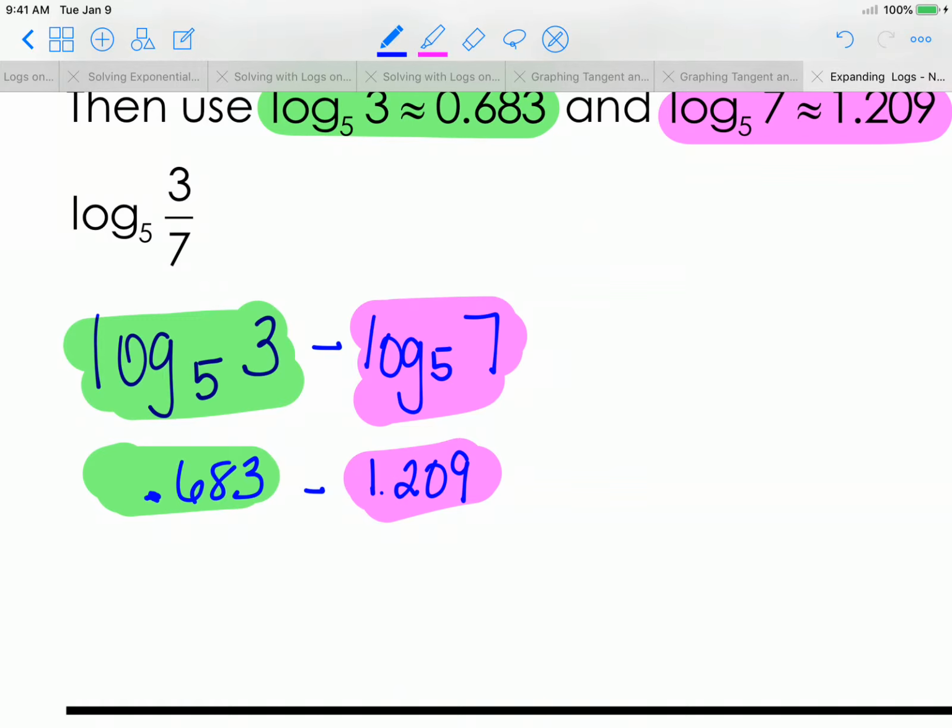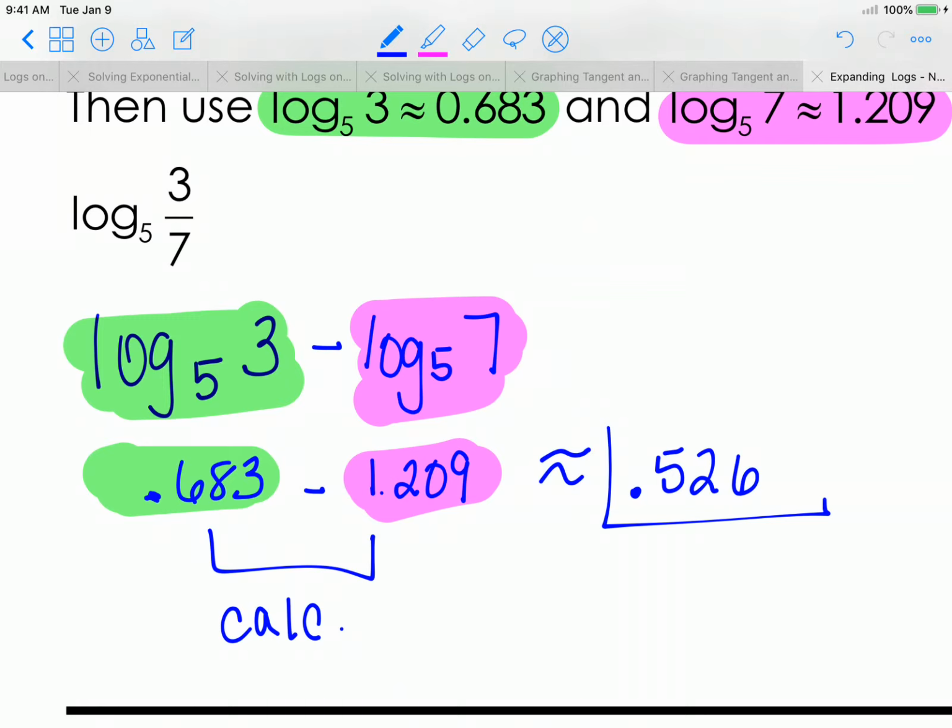And we just subtract them on our calculator. And what do we get? Let's see, we get approximately 0.526. So you can just subtract in your calculator, you can do it in your head, whatever works best for you. Okay, good job.